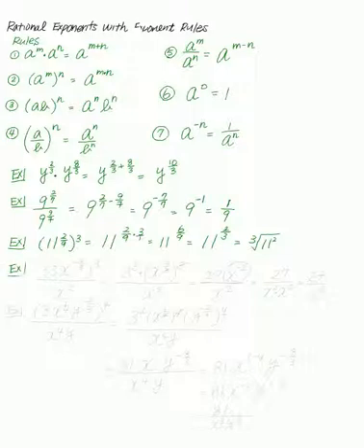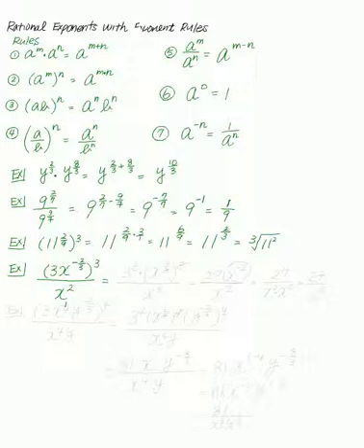Next example. We're going to have in the numerator, parentheses, 3 times x raised to the negative 2/3 power, all raised to the 3rd power, over x to the 2nd power. Notice that 3rd power up above only applies to what's in the parentheses, not the denominator in this case.